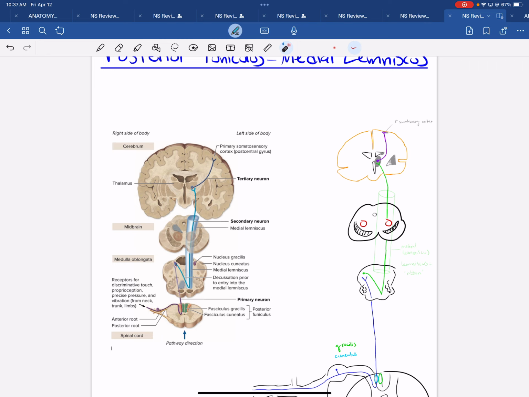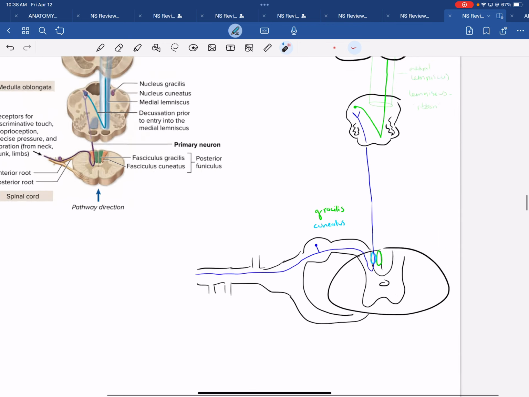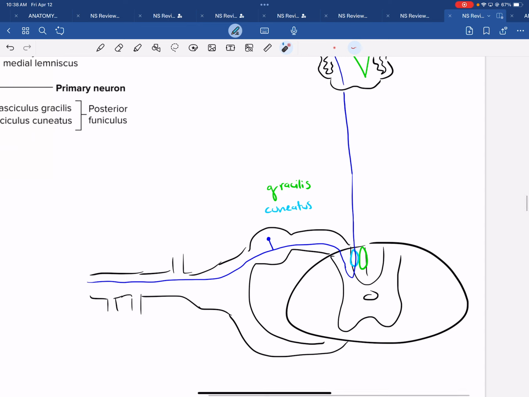So sensory information comes through the dorsal root? Correct. Yes. I thought it came through the ventral root. No, always dorsal. Dorsal is always sensory. Anterior is always motor. So anterior rootlets and anterior root is always motor. Dorsal rootlets and root is always sensory.